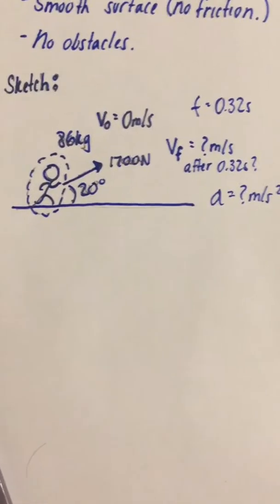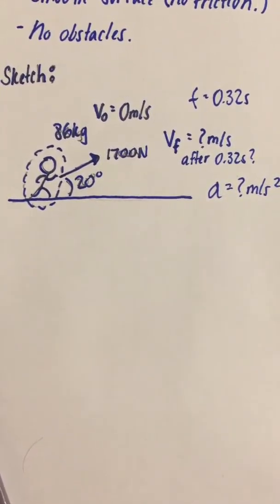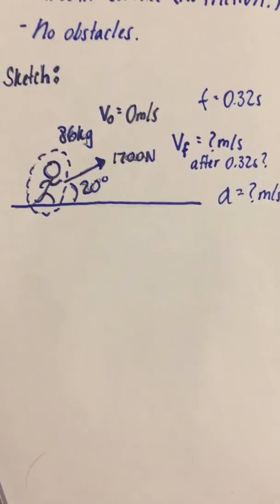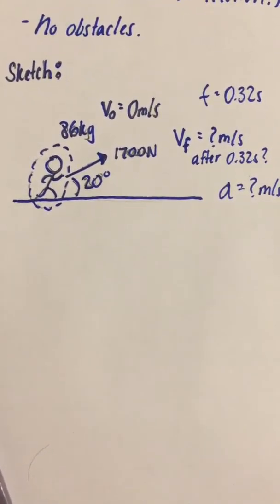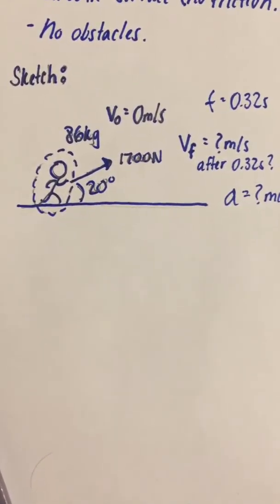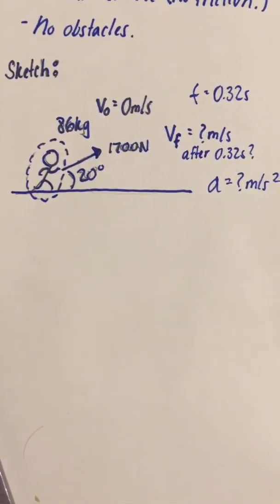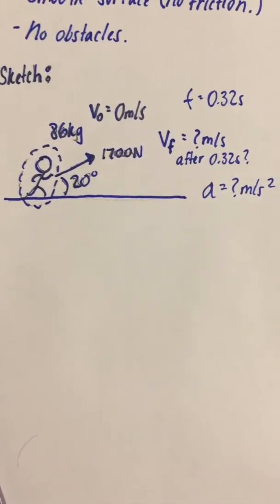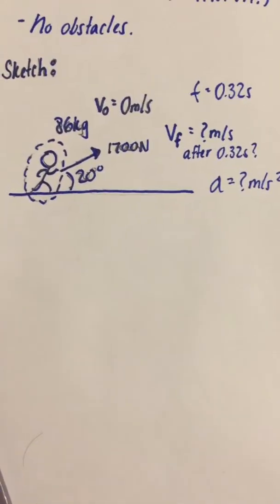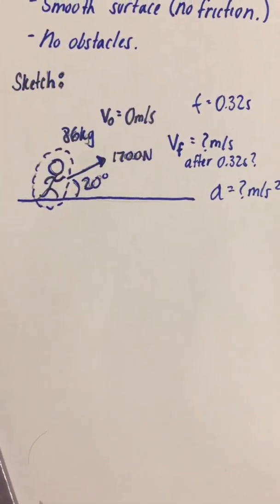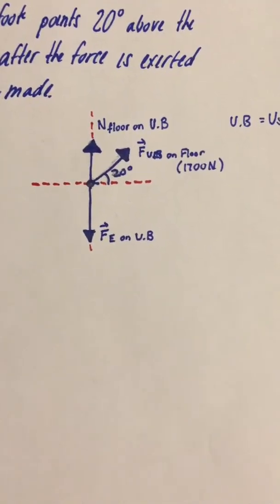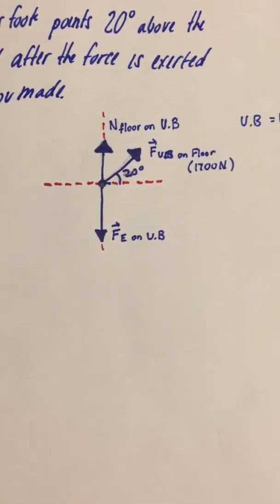Then we need to find the acceleration, and then we need to find his final velocity after 0.32 seconds. Remember that force and acceleration are proportional. This is the force diagram for the situation.